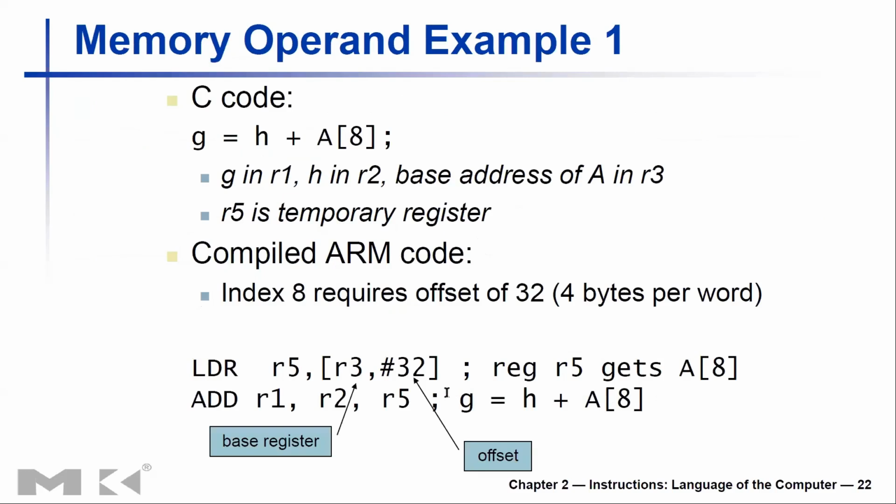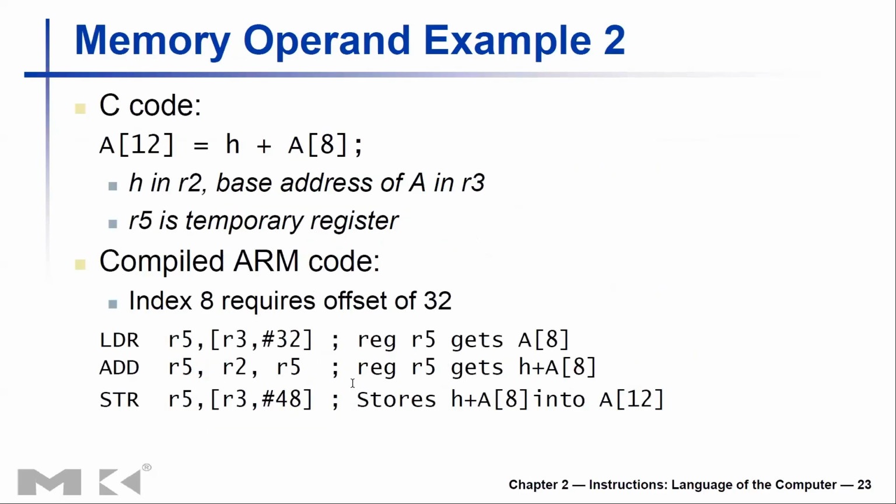The value loaded from memory is stored in the register which is specified as the first argument in LDR, but in STR, the value of R5 is stored at the memory address, because the memory address part is placed as the second argument of the instruction.